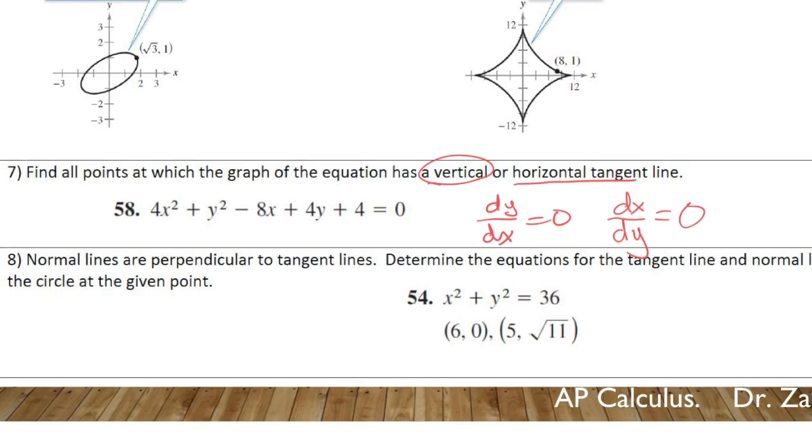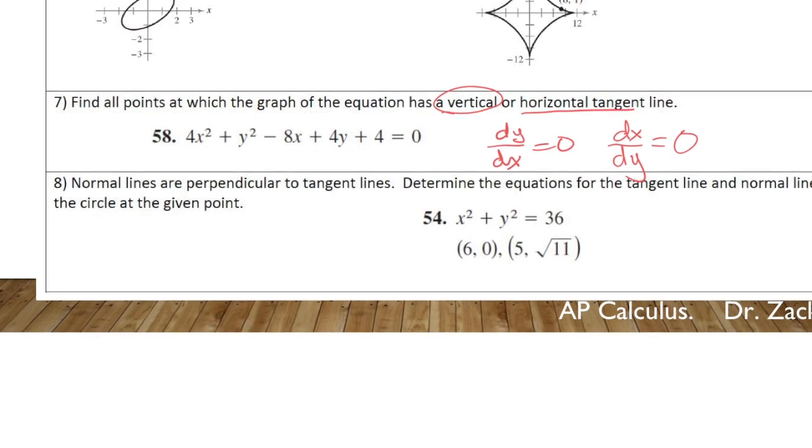So that's something to contemplate as you complete this problem set. Normal lines are perpendicular to your tangent lines. So if you're perpendicular, keep in mind that the slope of the tangent line is going to be the opposite reciprocal. So you have your opposite reciprocals for normal lines and perpendicular lines.